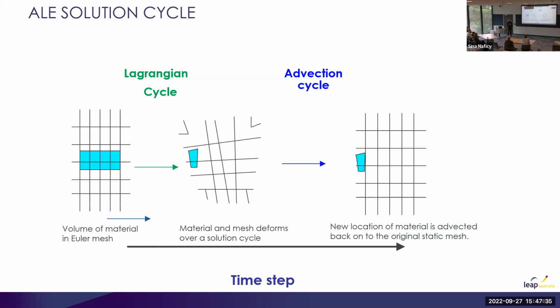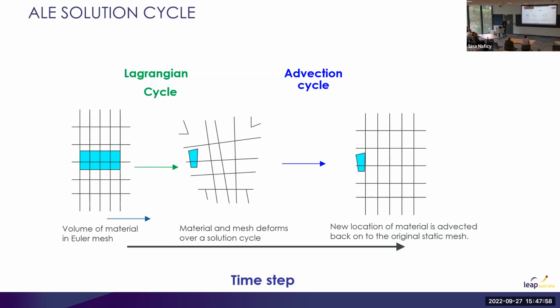But then we have an additional advection cycle where we take the new location for the material from the deformed mesh and we advect it back onto the original mesh. So now we have the material in the new location, but on the original mesh. And we repeat that every single computational cycle. So the mesh stays static and the material moves through it.